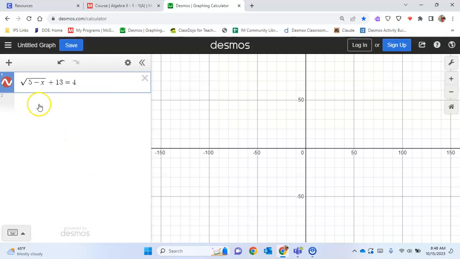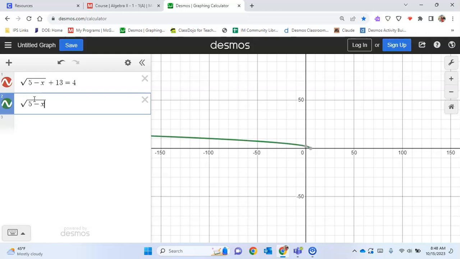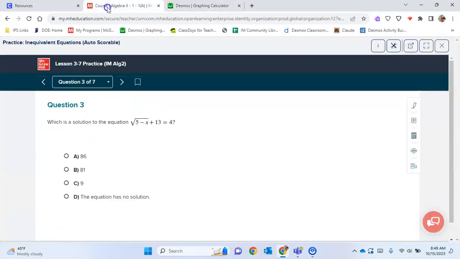To solve this, we have to subtract 13 from both sides. We get the square root of 5 minus x equals 4 minus 13, which is negative 9. As we know, square roots cannot be negative. No solution.